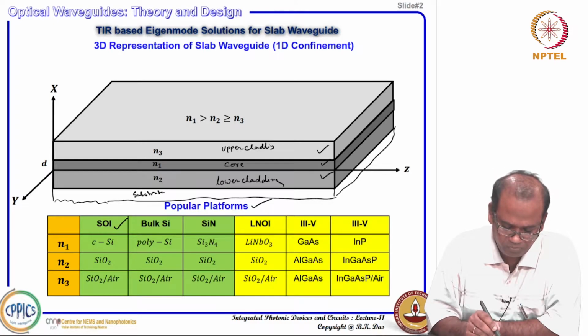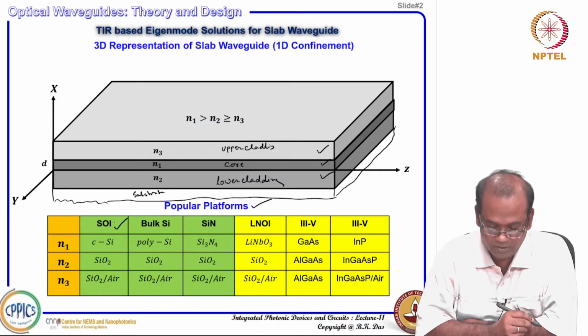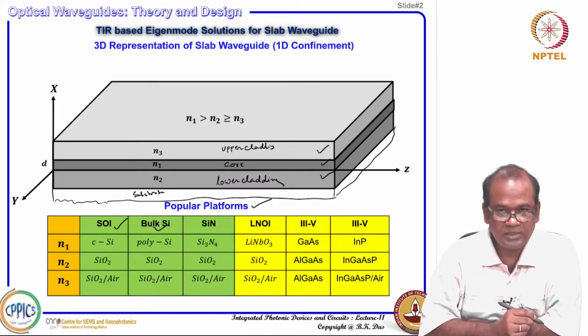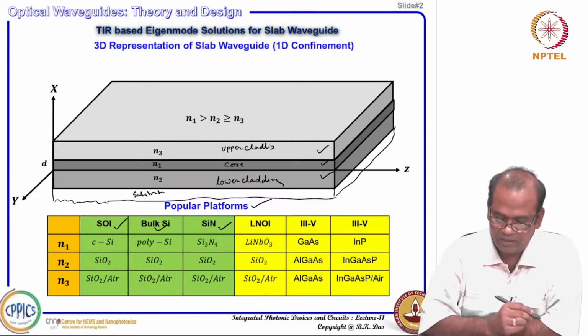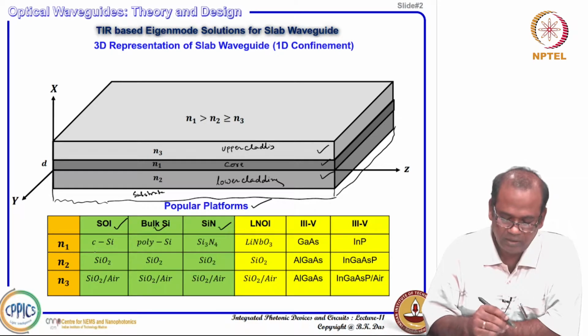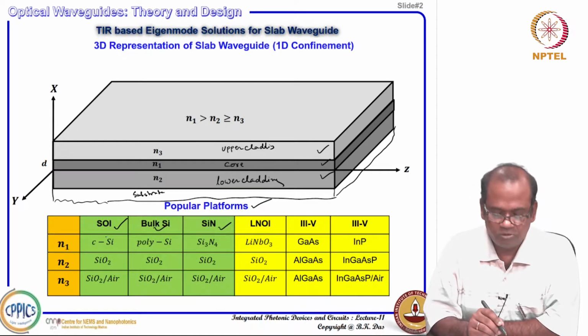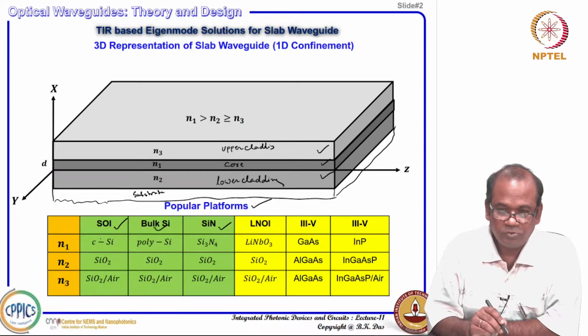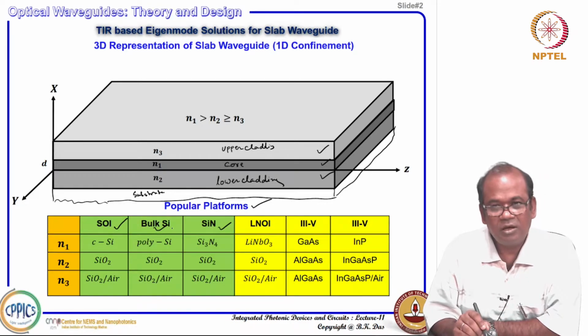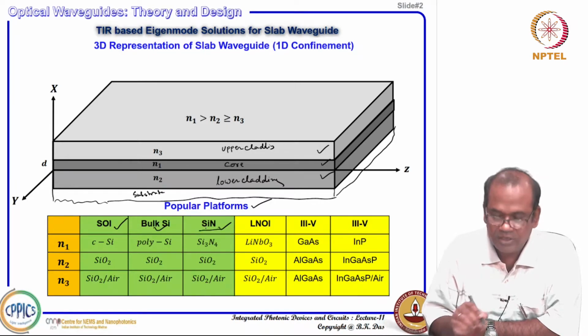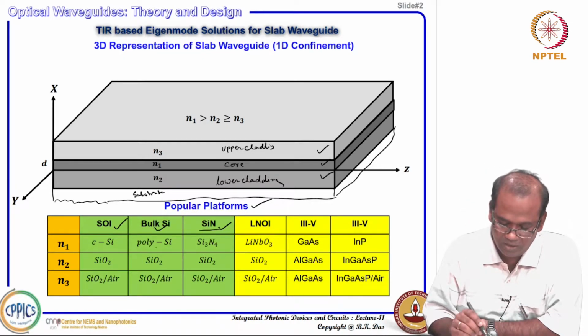Here I have just shown: first one is silicon on insulator, and of course bulk silicon and silicon nitride. Entire wafer can be called an SOI substrate. From a technological point of view we call that the SOI platform or SOI technology, bulk silicon photonics technology or silicon nitride photonics technology. These 3 green color ones are all silicon based.